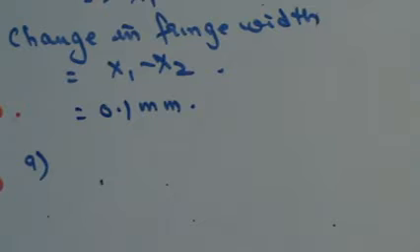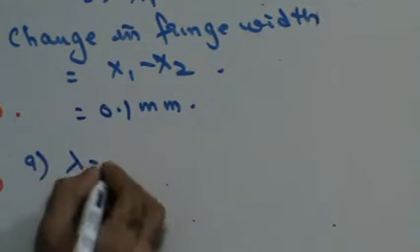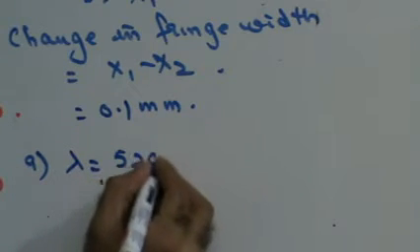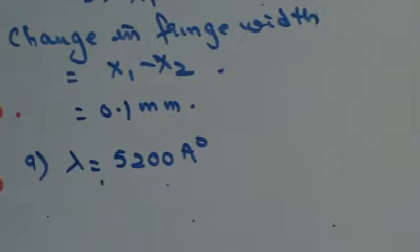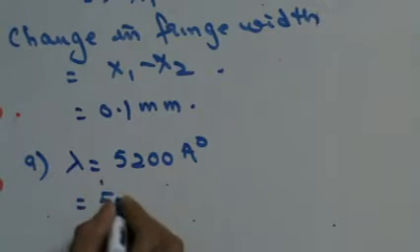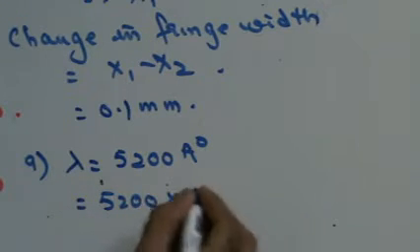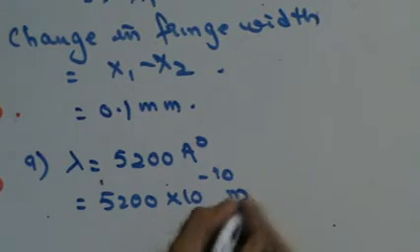In biprism experiment, light of wavelength 5200 Angstrom units is used.